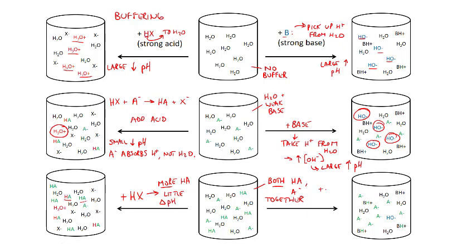And likewise, if we add a base, we end up forming just a small amount of OH minus and more BH plus. And so here we also have a very small change in pH. And so if we have both a weak acid and a weak base together, we have a solution that is resistant to changes in pH.